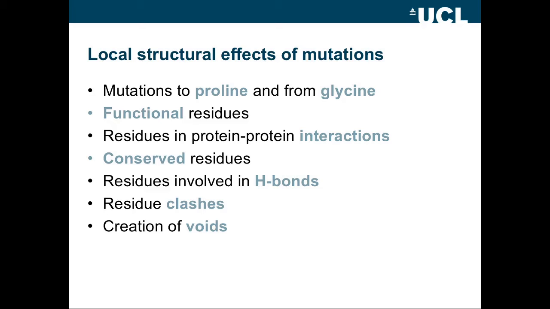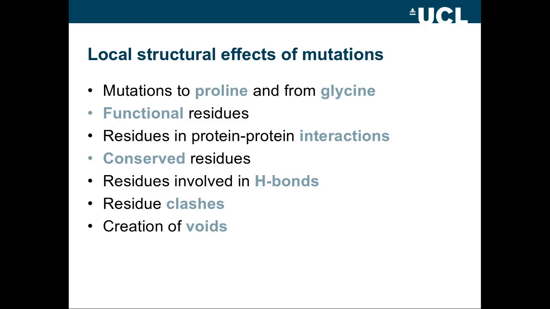Looking directly at functional residues, so residues that are involved in the function, in this case in binding to DNA. Residues that are involved in protein-protein interactions. Highly conserved residues, presumably they're conserved for a reason. Residues involved in hydrogen bonding and therefore stabilising the structure.